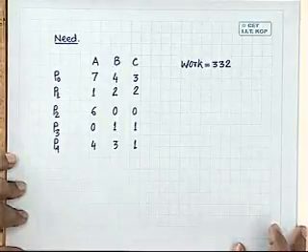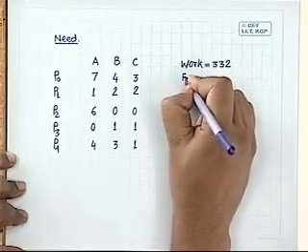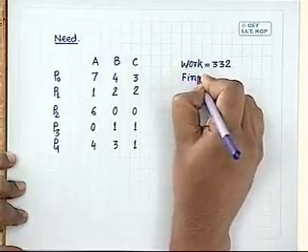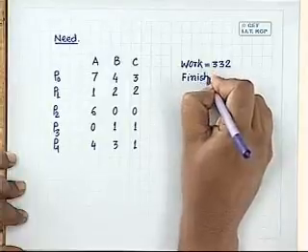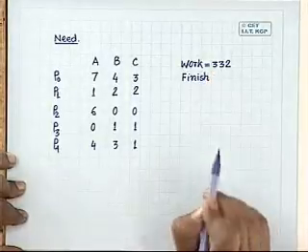And obviously there is another data structure, which is finish. Since there are 5 processes, this vector finish will also be of dimension 5. Initially all the elements of the finish vector are equal to 0, that is, false.